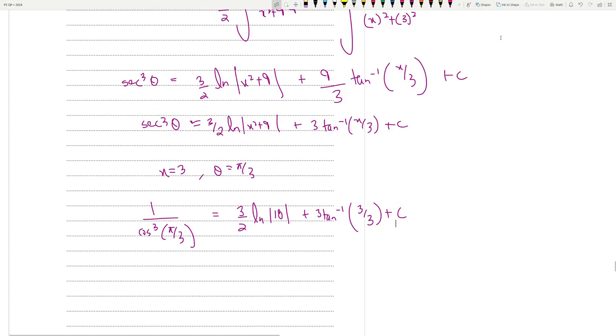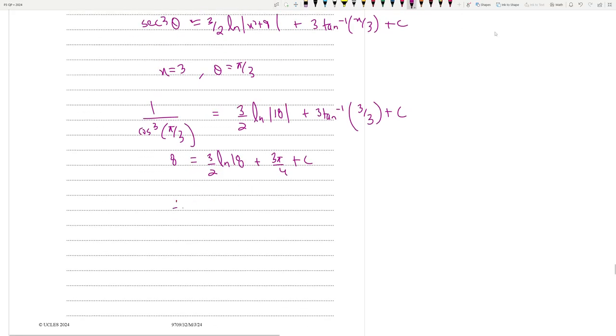Okay. So cos pi by 3 cubed, 1 divided by answer, that is 8, is equal to 3 by 2 ln 18 plus 3 pi by 4 plus c. So what do we get? Therefore c is actually equal to 8 minus 3 by 2 ln 18 minus 3 pi by 4.